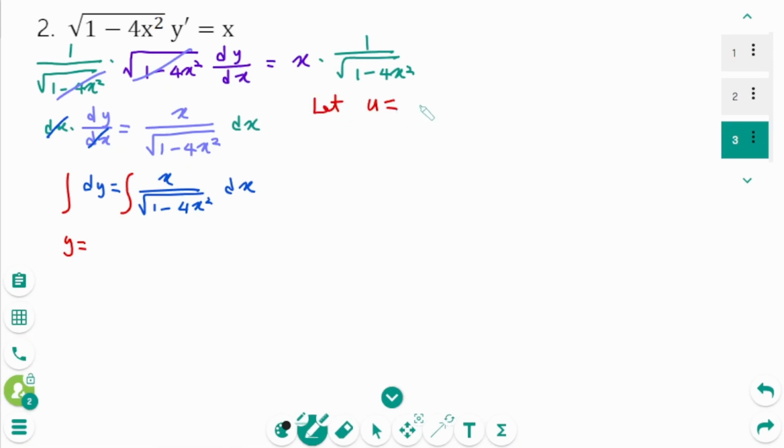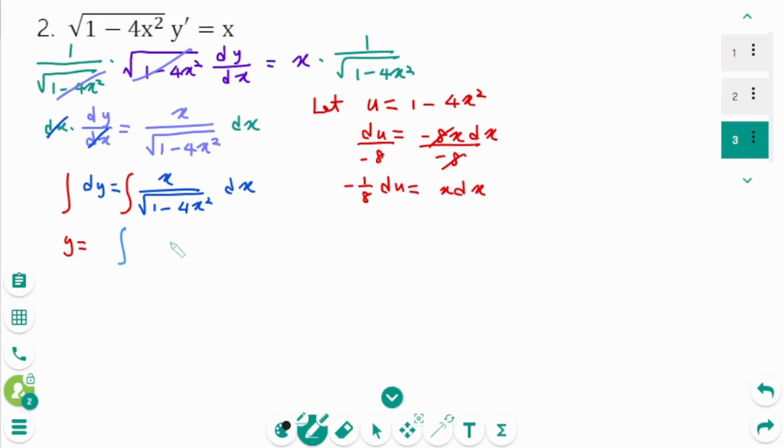Y equals this part, use substitution. Let u equal 1 minus 4x squared, then derive on each side, du equals minus 8x dx, then divide by minus 8 on each side, minus 1 over 8 du equals x dx.